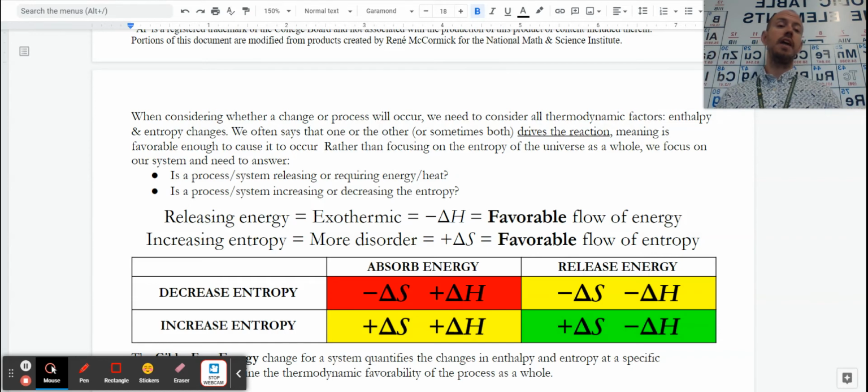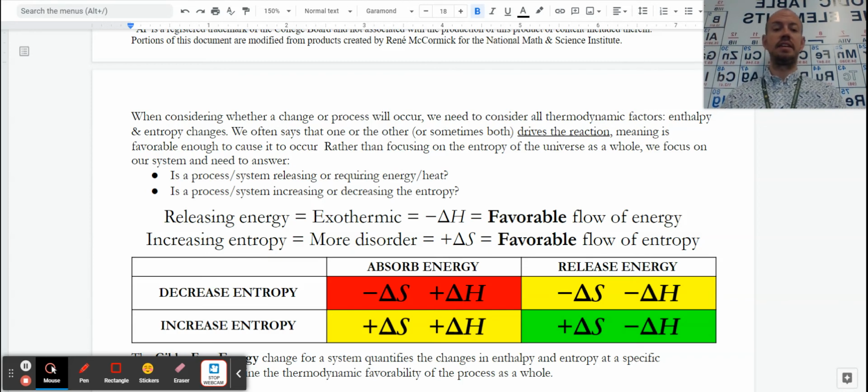So the most favorable types of chemical and physical changes increase the entropy and release energy, positive delta S, negative delta H. No matter what, if we have a reaction that we can either calculate or predict these to be positive and negative, that would be favorable.